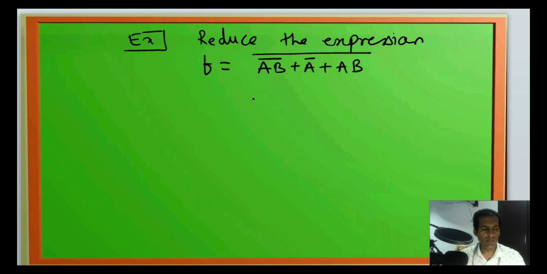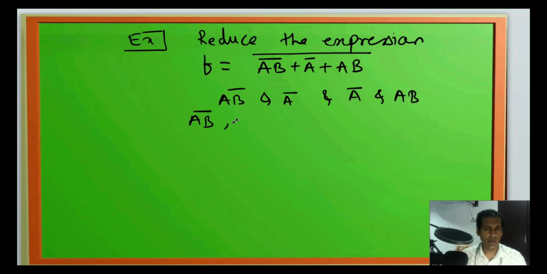Now we can break up the upper line between AB bar and A bar, and between A bar and AB, and change the sign between AB bar, A bar and AB. So how can we simplify it?